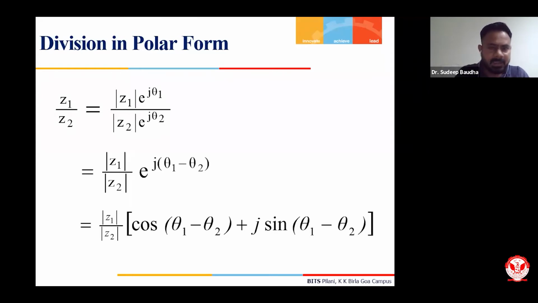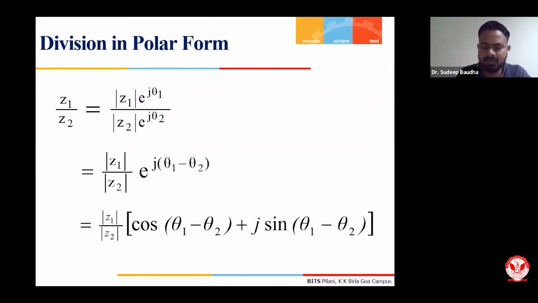If you see it carefully, it's very easy to perform these operations when we have written these complex numbers in polar form. So writing a complex number in polar form is often very easy, and mathematical operations performed on polar forms of complex numbers are much easier as compared to the rectangular form.